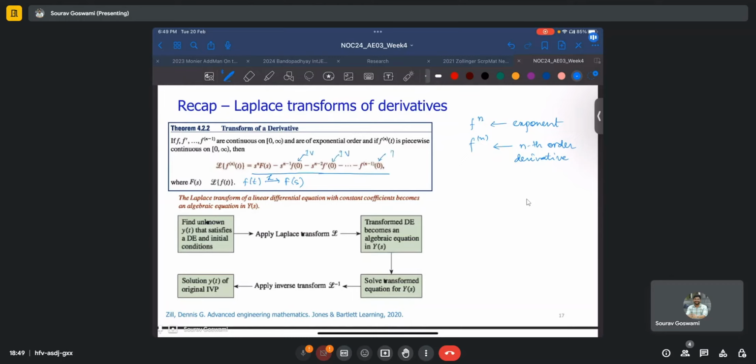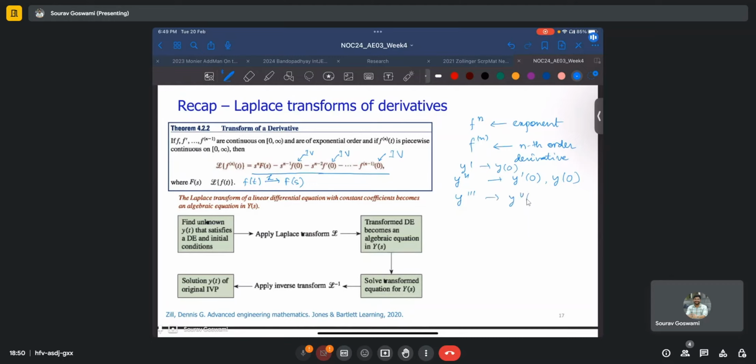And thus we can see the usefulness of utilizing these Laplace transforms for the solution of initial value problems, where typically, if you have a second order, you will be supplied the values of the first derivative and the zero derivative. For the first order, you'll just have the value of the function.